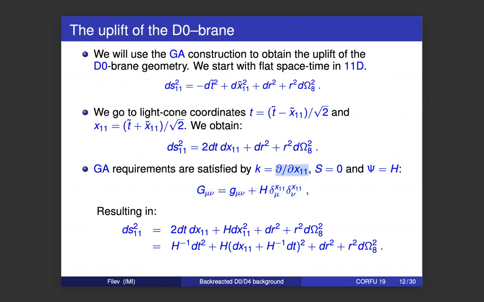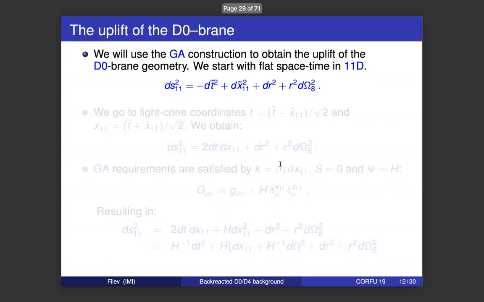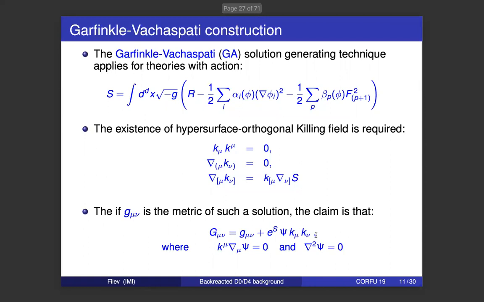Because this killing field written in coordinates is that, right? So this is just the psi km. This is just this piece. S is 0, this disappears, and k mu is delta x11 mu. And you can check that the commutator of that is 0.